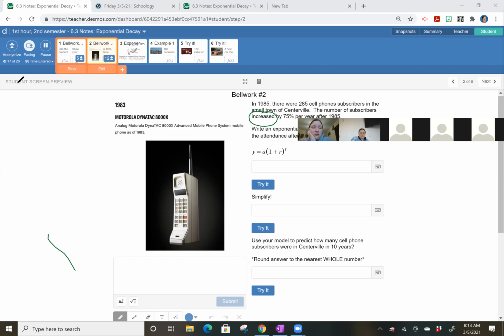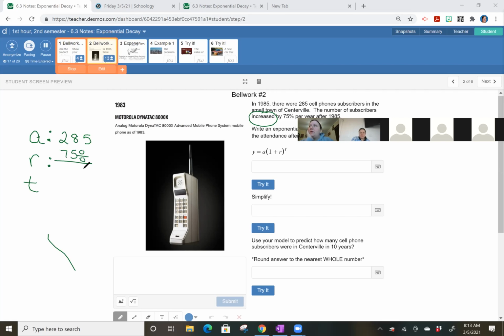In the equation, we have to come up with our A, our R, and then tell us what the T stands for. So for bell work number 2, what is our starting value? 285. Yeah, we started with 285 cell phones in this one town. Now, yesterday's bell work talked about moving that 75% to a decimal.